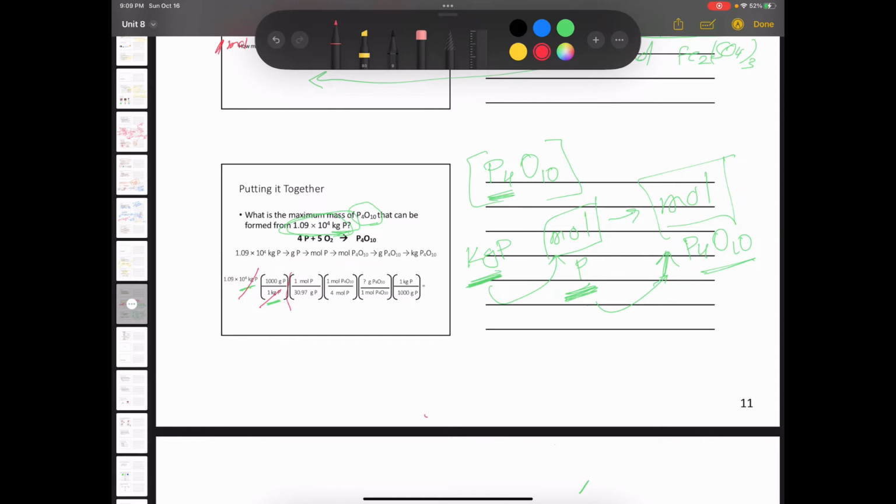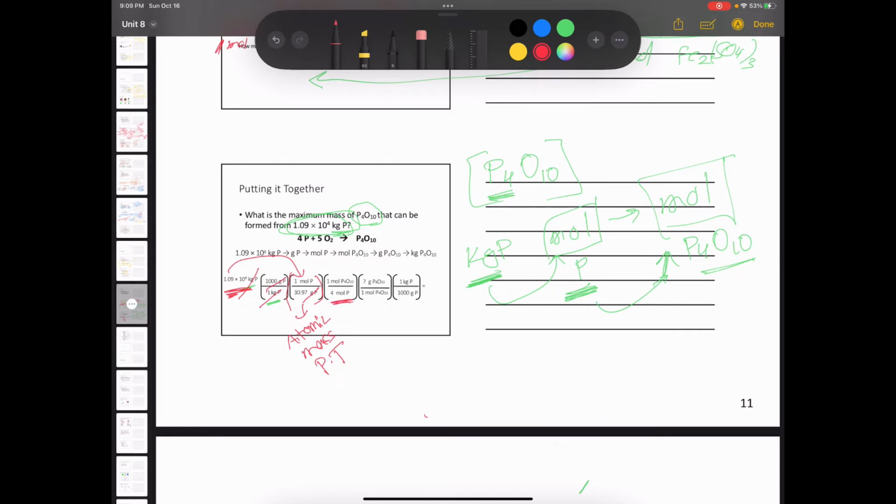Now I can use my atomic mass, which is from the periodic table. I can cancel out grams with the grams. So guess what? Now my kilograms has been converted into moles.